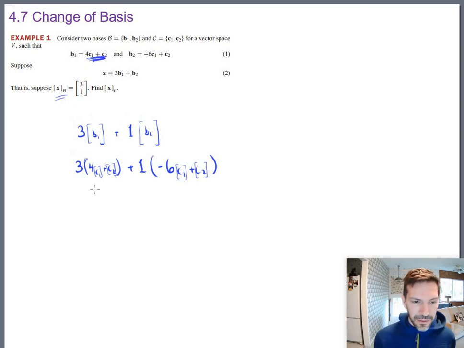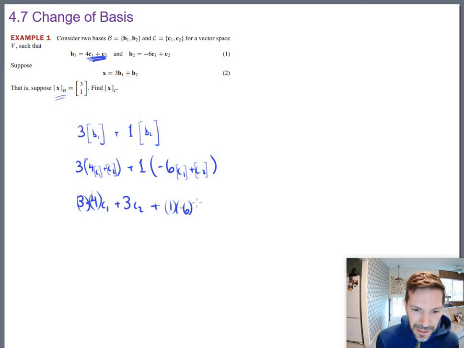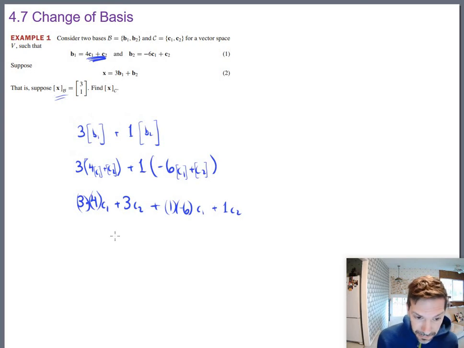And now I'm going to distribute and collect like terms a little bit. So let's see, I'm going to have 3 times 4, which is 12, but I'm not going to multiply it out. Okay, so C1, maybe I'll drop the brackets now. Plus 3 C2, plus 1 times negative 6. I should use parentheses. 1 times negative 6 C1 plus 1 times C2, and I am going to collect like terms here.